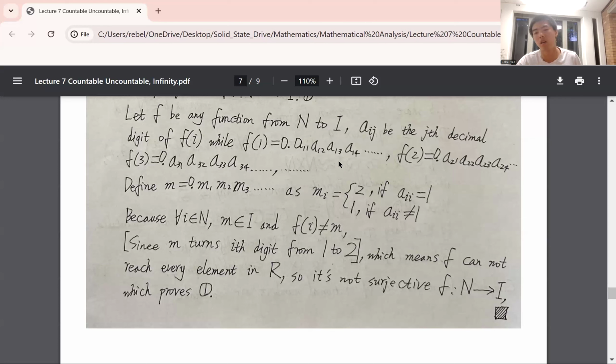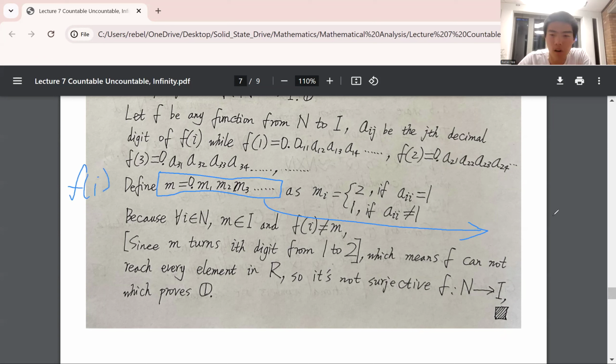Some decimal numbers in the codomain are not reached by f.